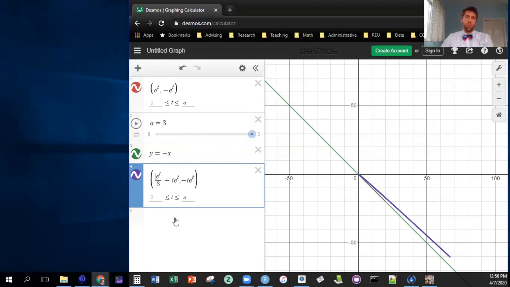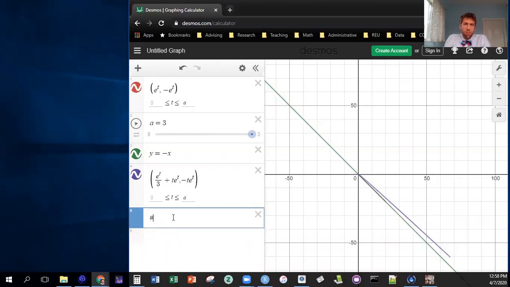Let's just, for kicks, do -3 times the first one plus 2 times the second one. So -3 times e to the t, plus 2 times e to the t. Now, of course, you could simplify this if you'd like.